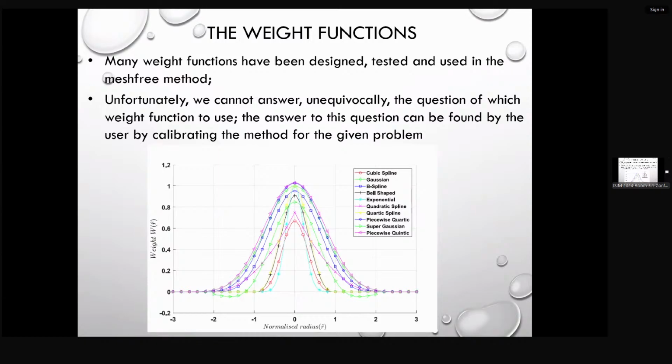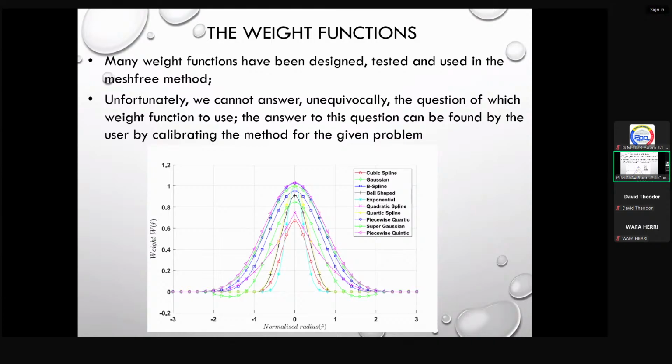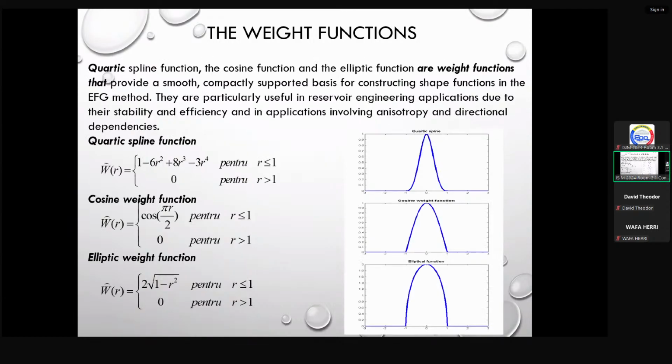There are many weight functions used in this method, but for reservoir modeling, we choose from these three functions: quartic spline function, cosine function, and elliptic function, because they are stable and efficient in problems involving anisotropy. So these are the functions that we are using.